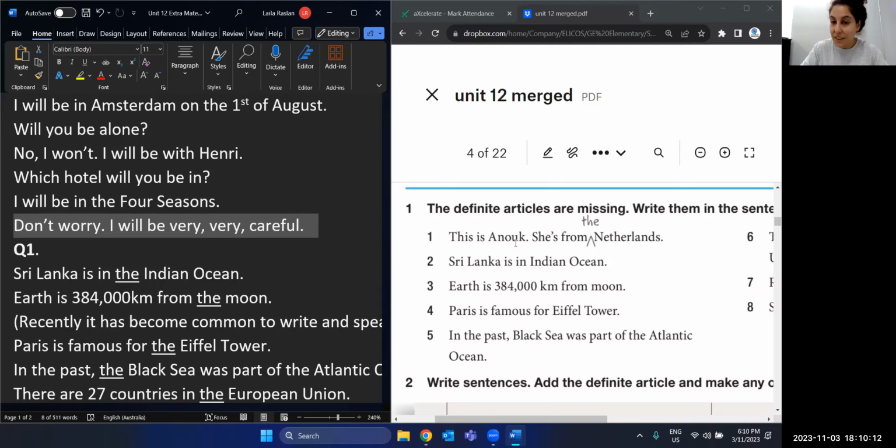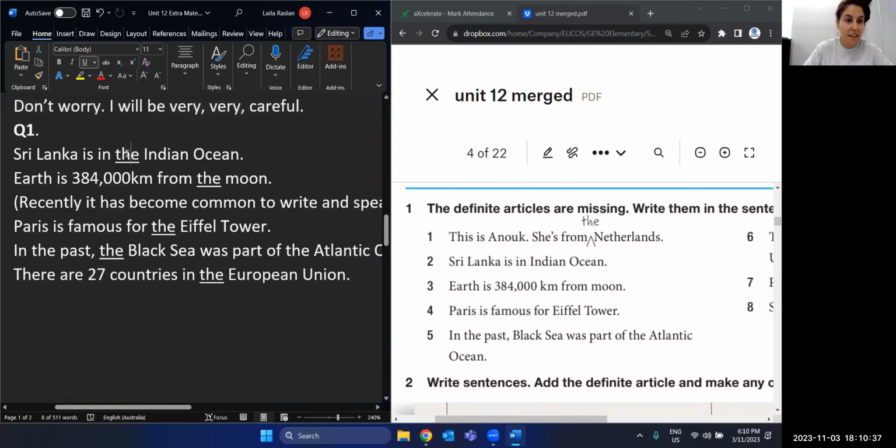So this is Anouk. She's from the Netherlands. It's a country, but because it's got an S, we need to say the Netherlands. Number 2, Sri Lanka is in the Indian Ocean.